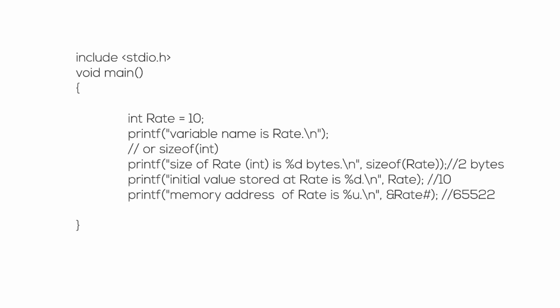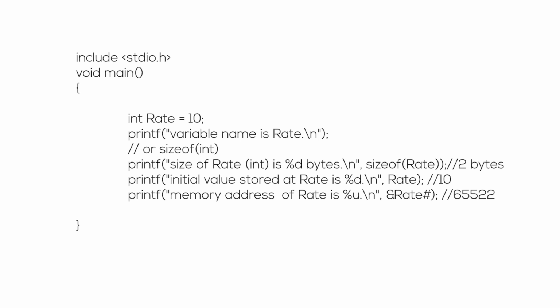Let us declare a variable named rate of type integer and assign it the value of 10. Here we can see int is a data type, rate is a variable name, and we have assigned the value of 10. You can see this code starting from void main. Under this main function, we have used a variable rate equals 10.